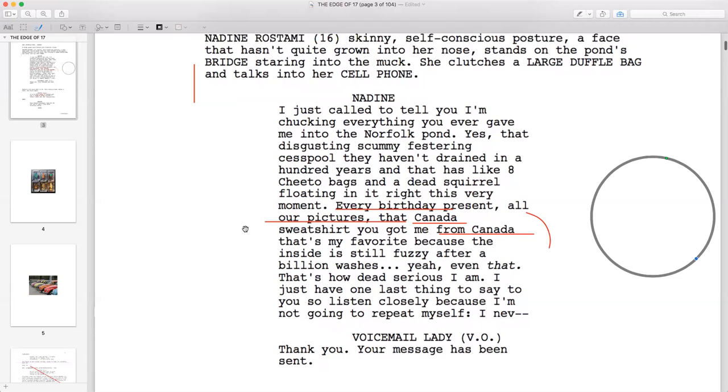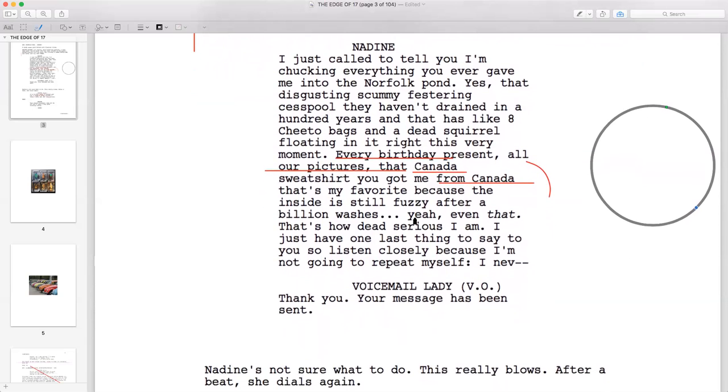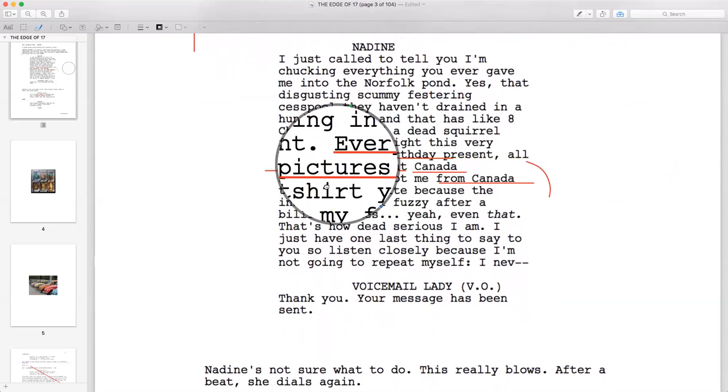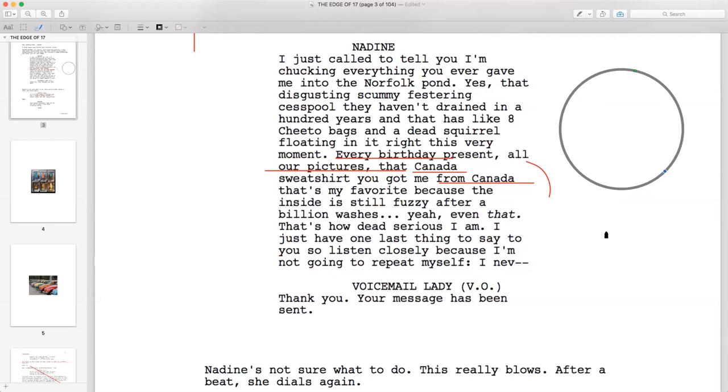So what I'm using as my example here is the story around the presents and the pictures and this sweatshirt from Canada that she's throwing into the pond. There's a lot of other really interesting visual stuff, but this stuff is less interesting, and so it requires you to make your own connection to it. So the birthday presents, the pictures, the Canada sweatshirt all need a story.